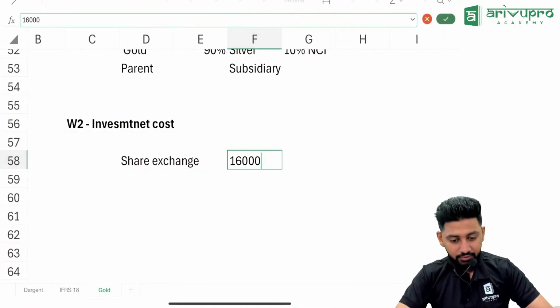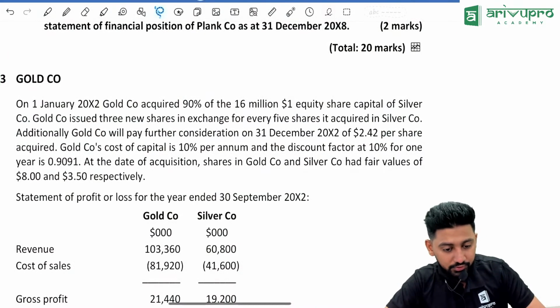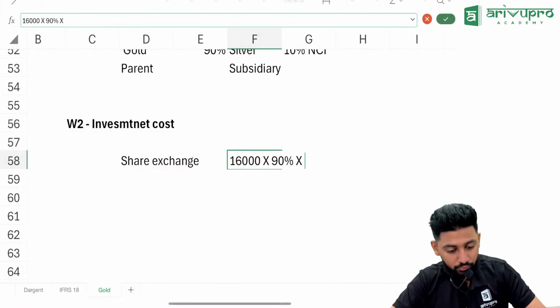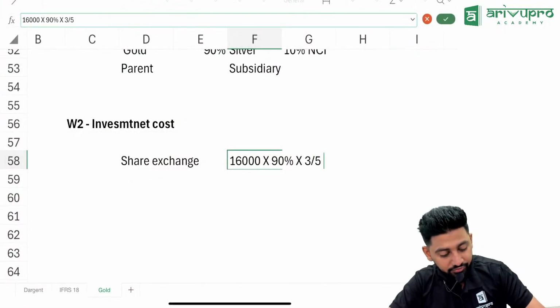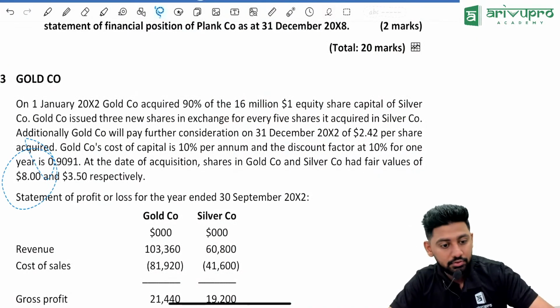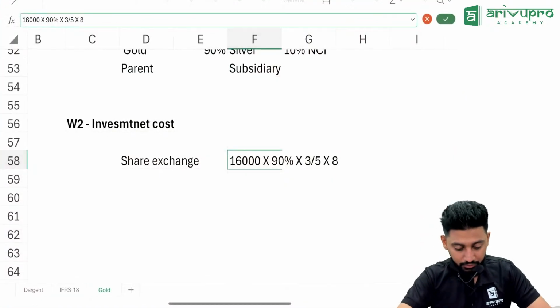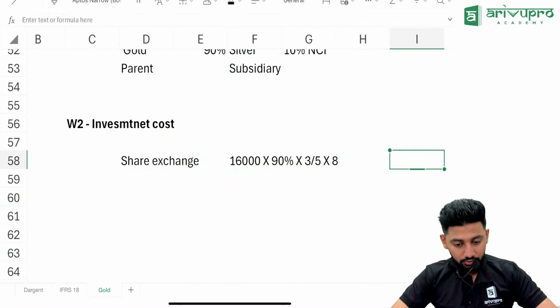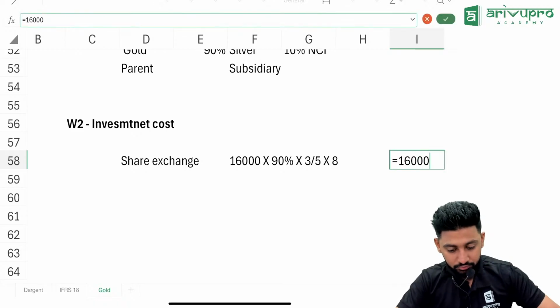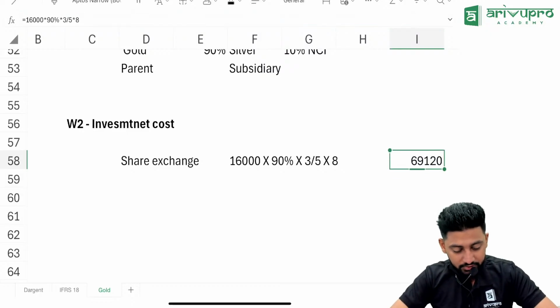So, 16 million into 90%, and you are going for a share ratio of 3 for 5 into 3 over 5. And for every share, you are going to pay how much? You are going to pay $8, therefore into 8. So equals 16,000 into 90% into 3 over 5 into $8 gives you 69,120.